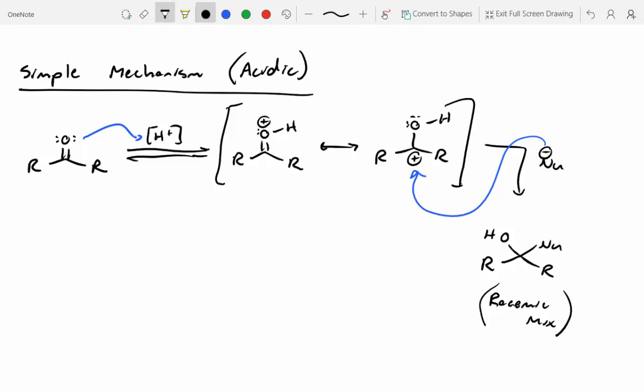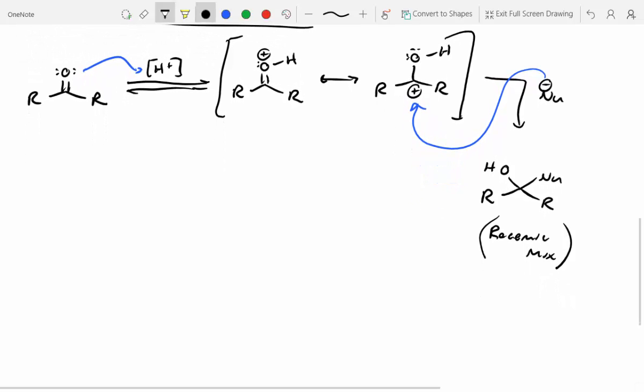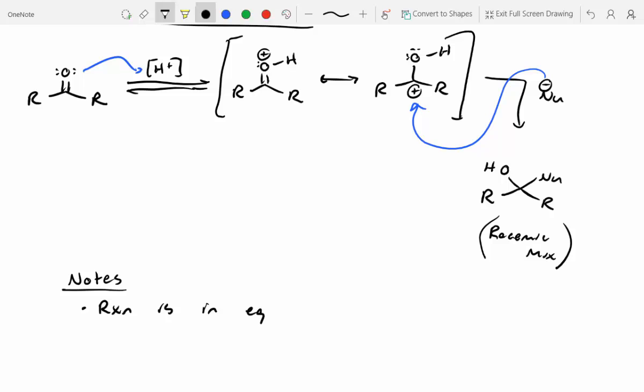All right, let's make a couple of reaction notes. The first note that I always want to point out is that the reaction is in equilibrium.